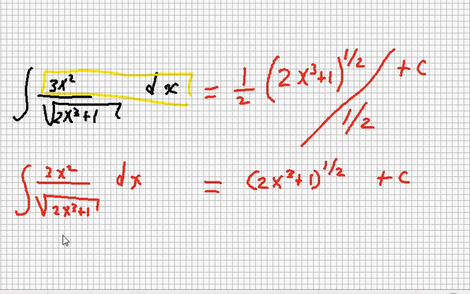We observed that the derivative, as far as x was concerned, of the inside was up here, and we substituted u equals 2x cubed plus 1, and in the process obtained the antiderivative, the indefinite integral for this expression here.